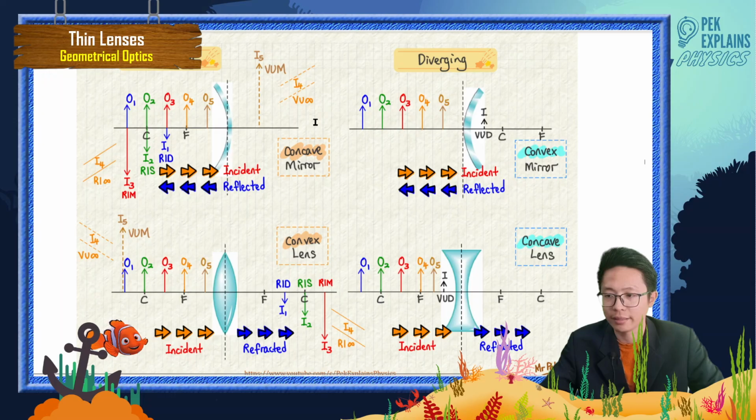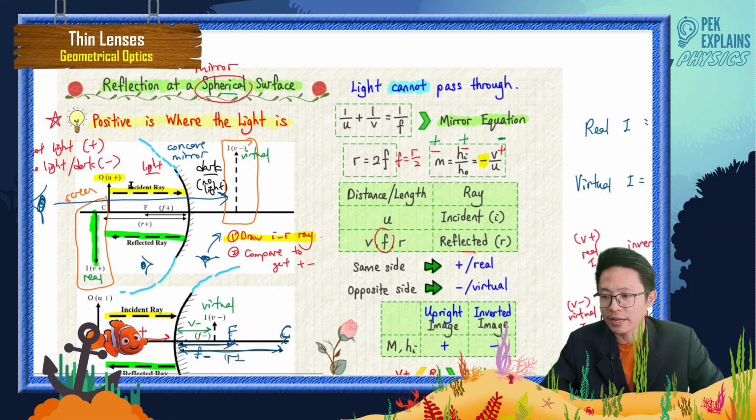What I can say is the difference between mirror and lens. A mirror is reflection: the incident ray and reflected ray are on the same side, and the light cannot pass through. But for refraction at a spherical surface and the thin lens, the light can pass through.